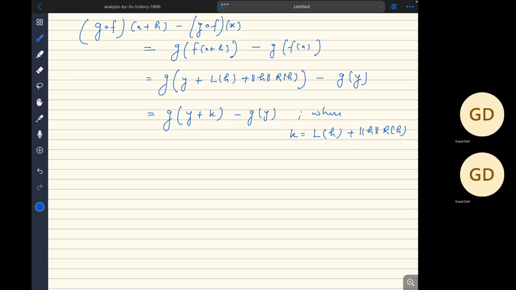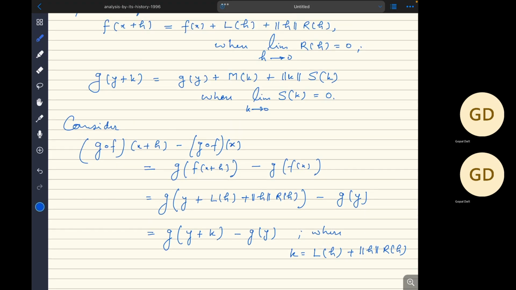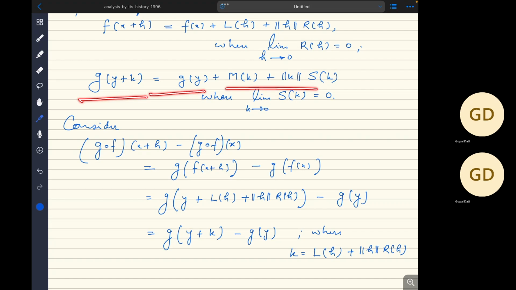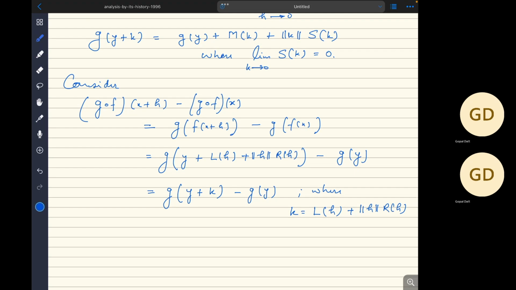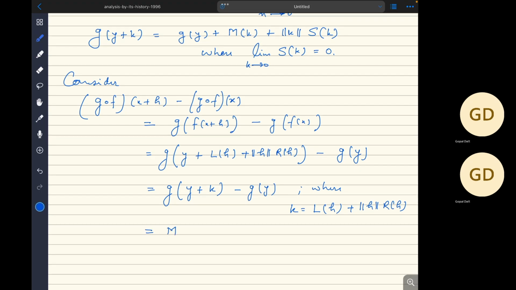But what is g(y+k) minus g(y)? Here we have g(y+k) minus g(y) is M(k) plus norm k s(k). Write that. So we get M(k) plus norm k s(k).